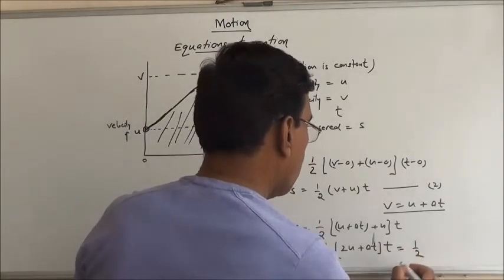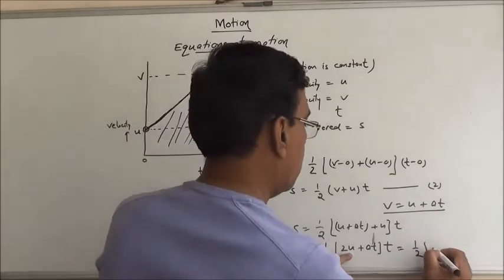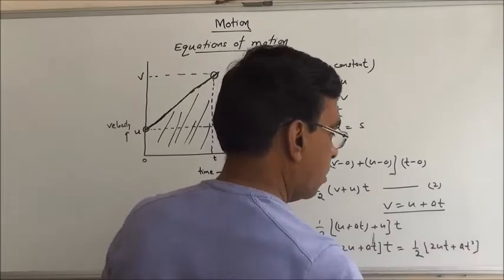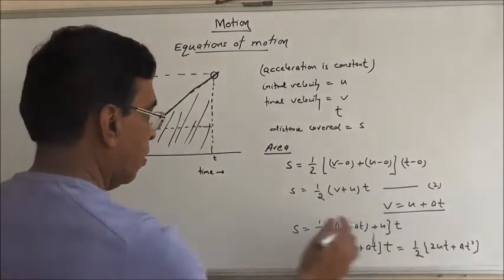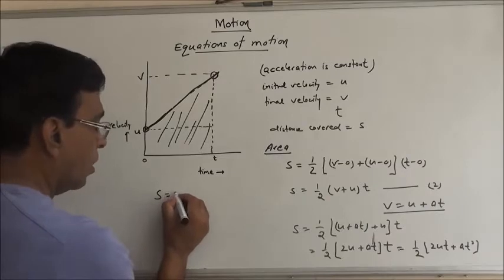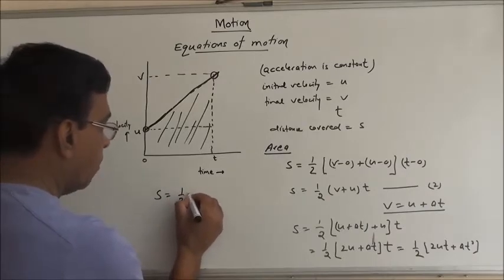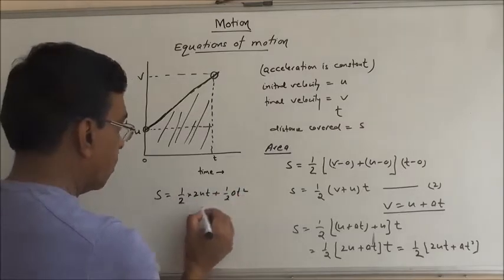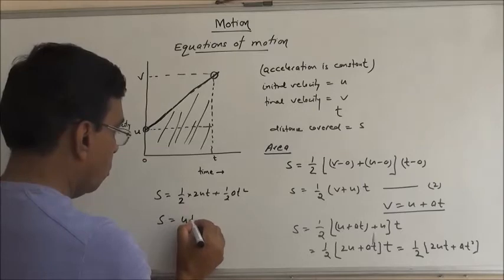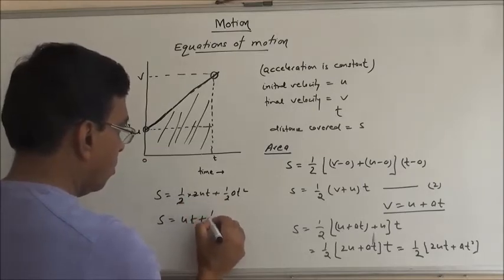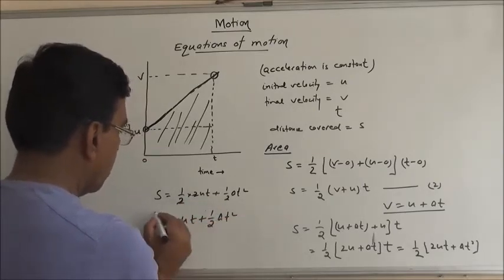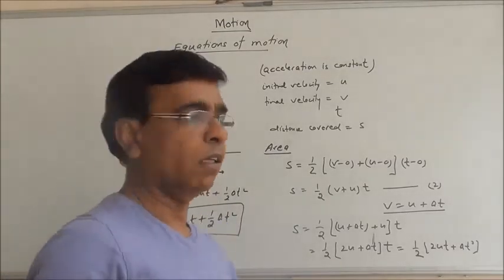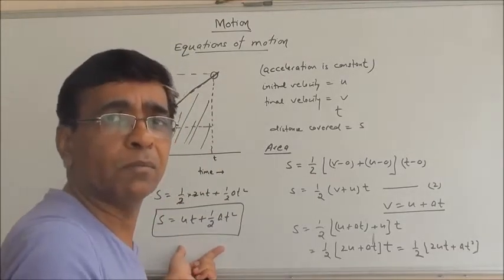Open this: half, 2ut plus at square. And from here I can write this step: half into 2ut plus half into at square. So it becomes ut plus half at square. Distance covered is ut plus half at square.